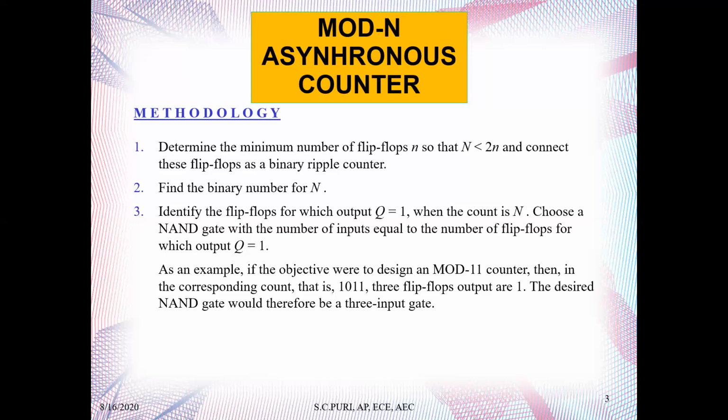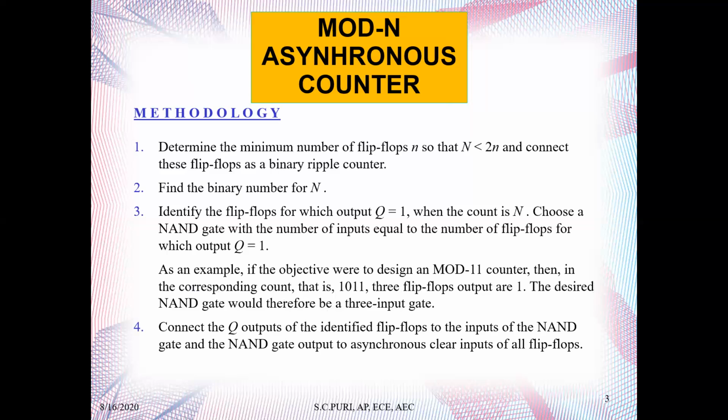We have to use a NAND gate and connect the outputs in a specific configuration to reset it to 0. Connect the Q outputs of the identified flip-flops to the inputs of the NAND gate, and the NAND gate output to asynchronously clear the inputs of all flip-flops. So that means at that particular clock, everything should be 0. So we have to put all the inputs to 0.